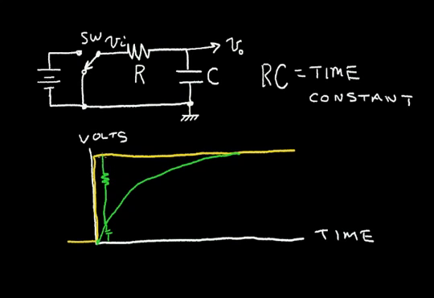So at this time, as soon as I throw the switch, the maximum current is flowing in the resistor, but the capacitor is charging up. So at a later time, I'm going to have more voltage on the capacitor, and I'll have less voltage in the resistor. Let's say this is the voltage on the capacitor.